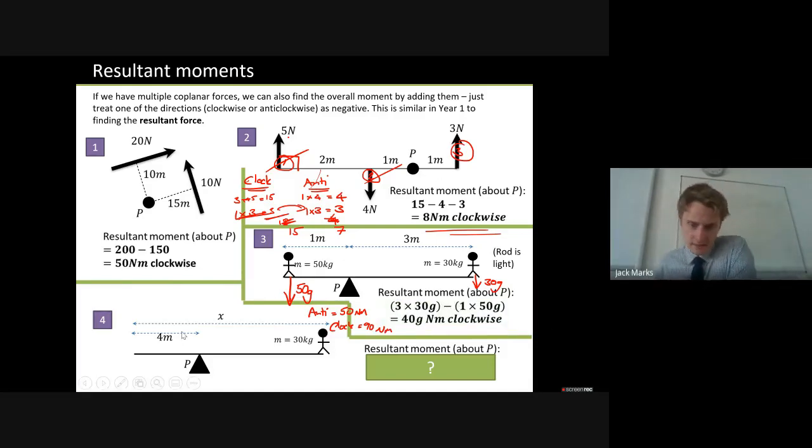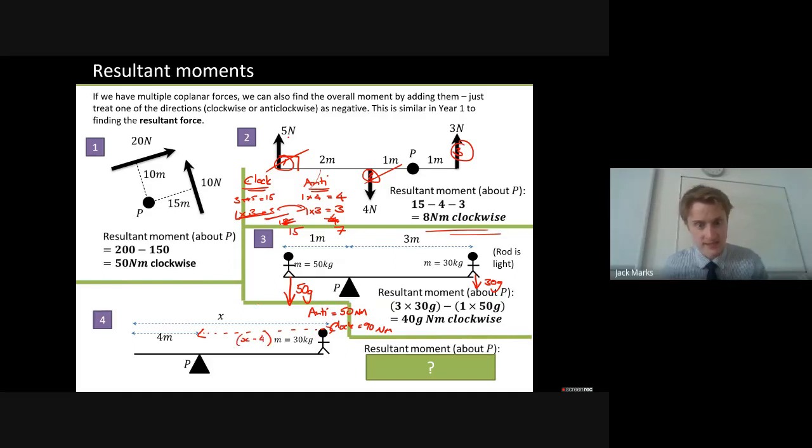This one over here, it's really just helping you get used to the fact that sometimes you might have distance using algebra and unknowns. So if the whole thing is x and this is 4, what are you left with? Well, you had x and you took away 4. So this is called x minus 4.